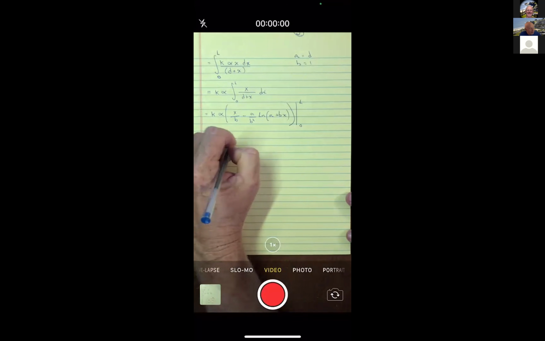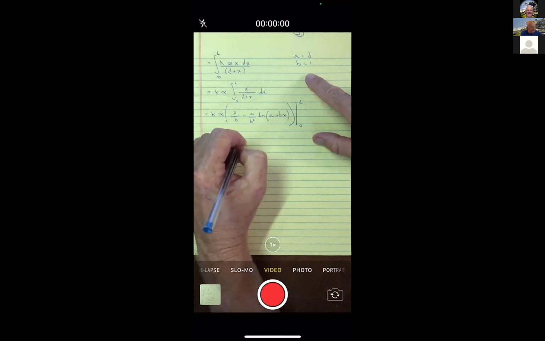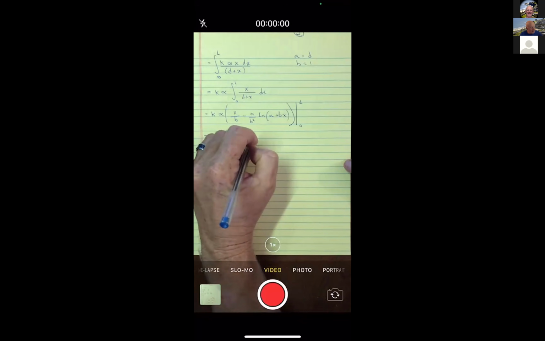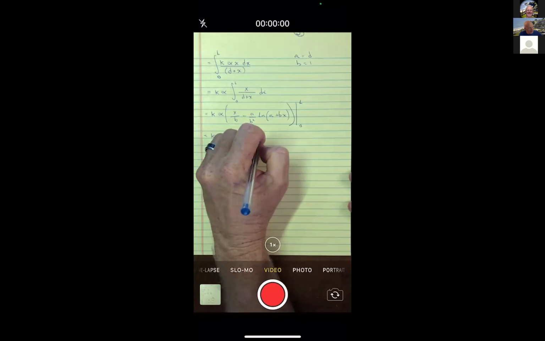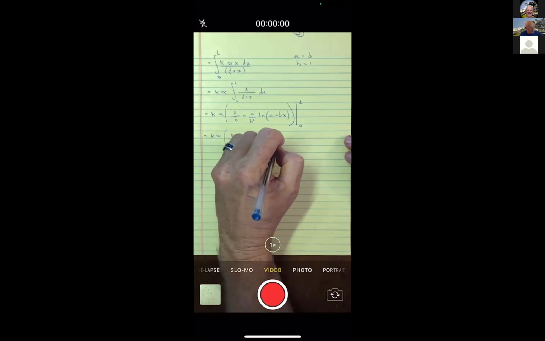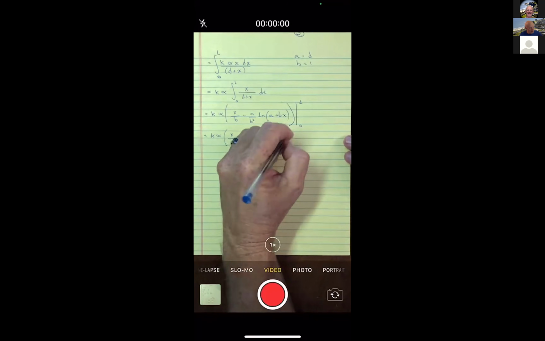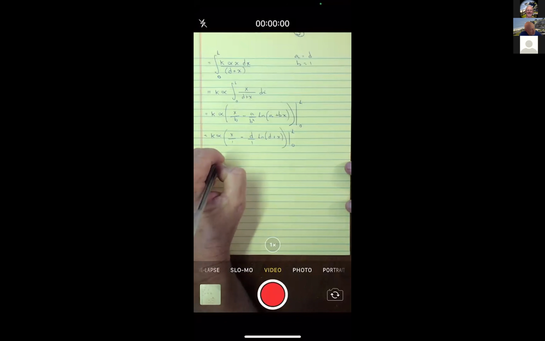So let's see. I'll put in now what the B meant. And so the B meant 1, and the A meant D. So A is the D and the B is the 1. And natural log, the A is the D and the B is a 1. All evaluated from 0 to L. Okay. So Coulomb's constant times alpha.